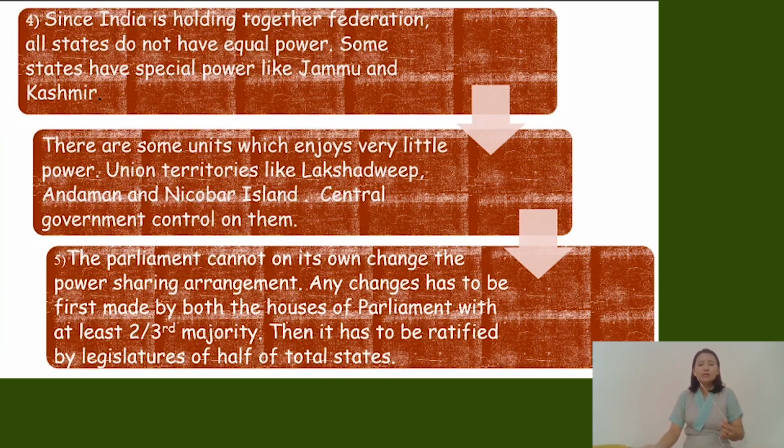So not only do the 2 houses of parliament need to agree, at the same time the state legislatures, the law-making bodies at the state level, almost half of the total states, need to give their agreement. Half of the total states means, in India now we have 28 states, right? So there should be more than 14 states that have to agree with this. Only then can the parliament change the power sharing arrangement in the constitution.